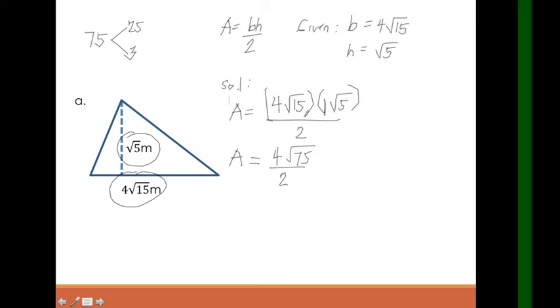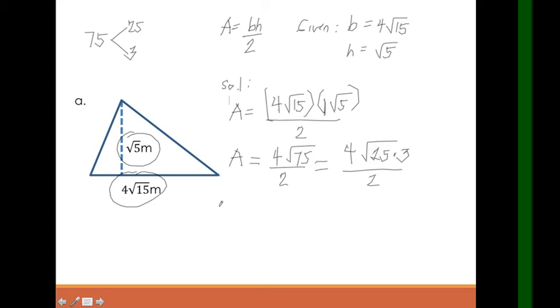Am I right? 15 times 5. Let me check, maybe I am wrong. 15 times 5 is 75. Okay, correct. So, 25 and 3. Let's continue with our solution. So we have 4 square root of 25 times 3 all over 2.